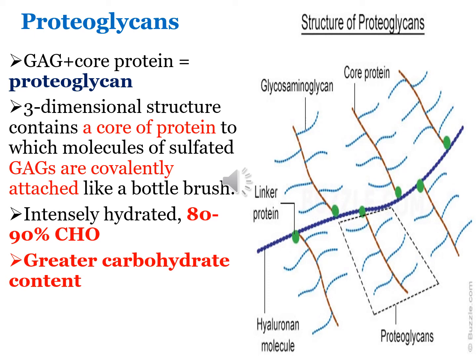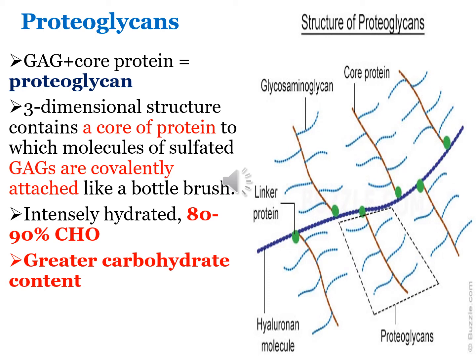So these proteoglycans have a central core of protein to which sulfated GAGs are attached by covalent bonds, and they appear as a bottle brush. The bottle brush you have seen with which you clean bottles, it's just like that. The bristles resemble the bristles of a bottle brush.